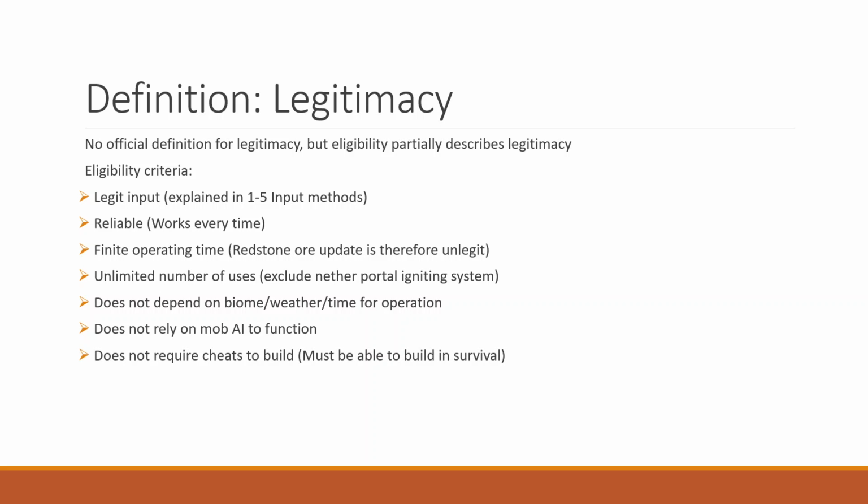The next thing is that it does not require cheats to build. What this basically implies is that the build must be able to be built in survival. This depends on how obscure your contraption is, because some contraptions may have floating components, for example floating redstone torches, pressure plates, and those things. In case you cannot find a way to manipulate those floating objects in survival, then it's counted as not legitimate.